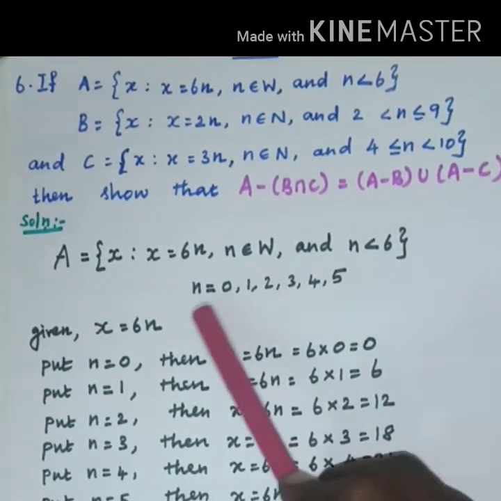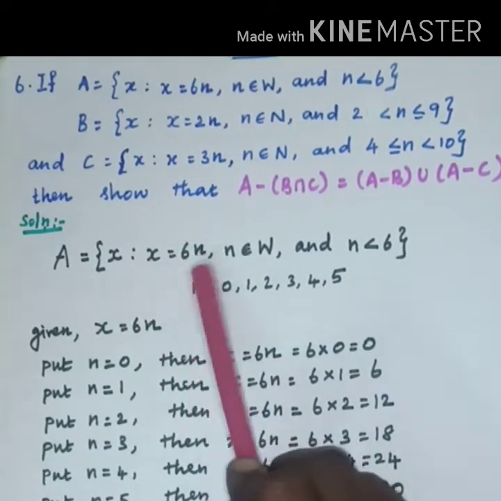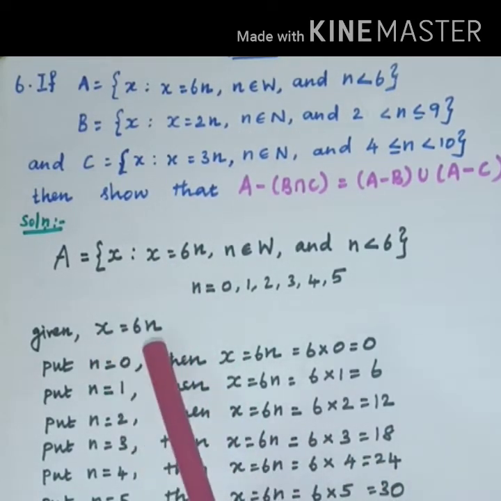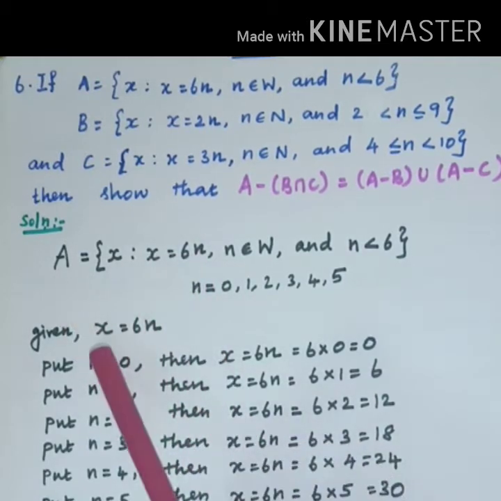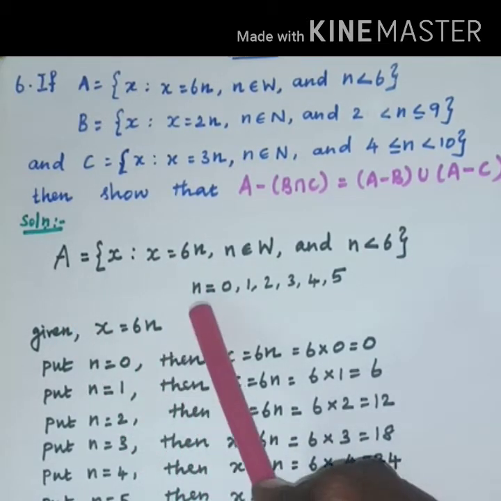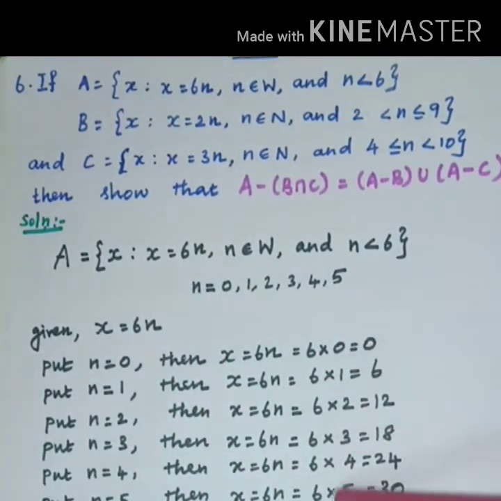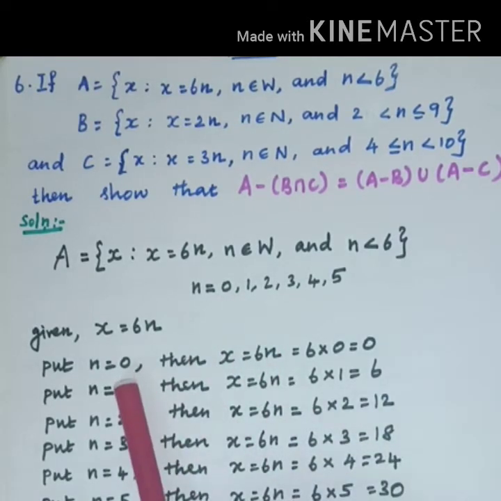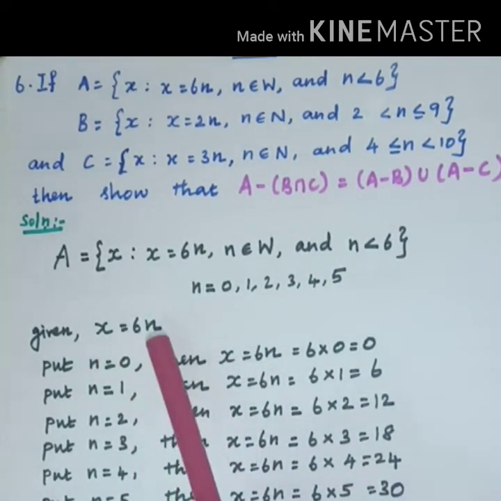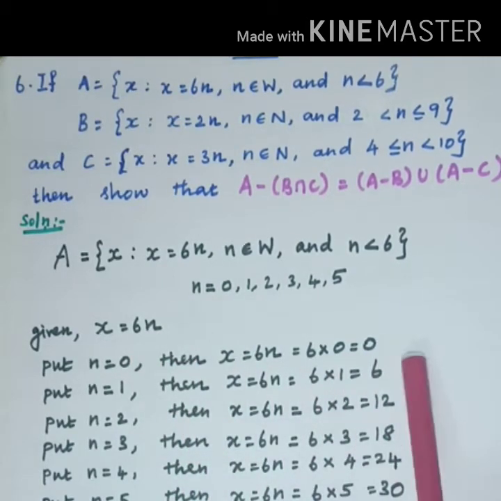Now substitute the values for n in this x is equal to 6n. So x is equal to 6n, you have to substitute these values for n and get the values for x. First you have to substitute n is equal to 0. So then x is equal to 6 into n, 6 into 0, 0.